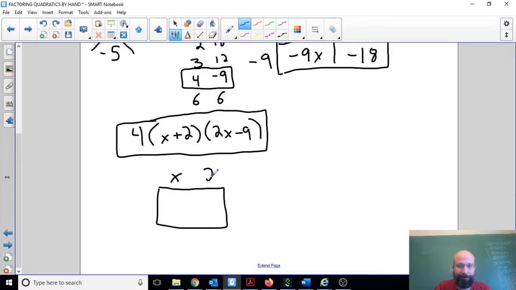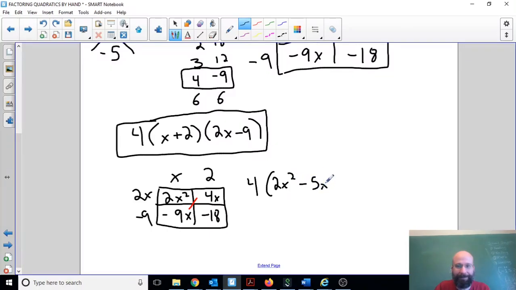So x and 2 and 2x and negative 9, and I'm going to multiply a little quickly, but you get the idea. I'm going to combine this way. Still have the 4 out. 2x squared minus 5x minus 18.